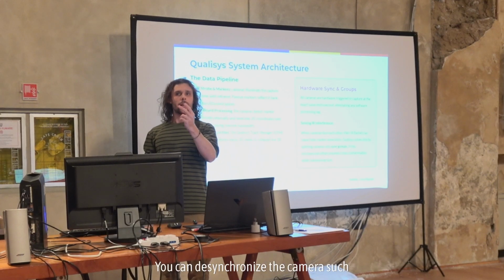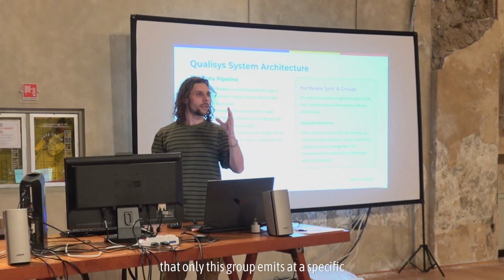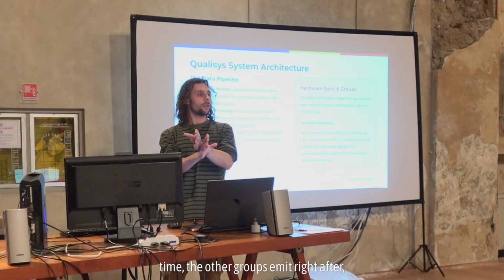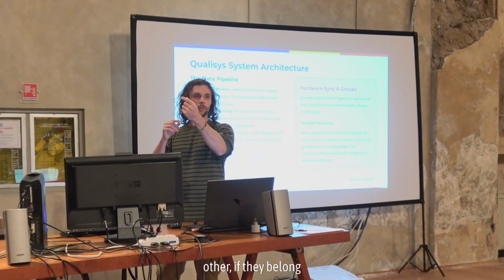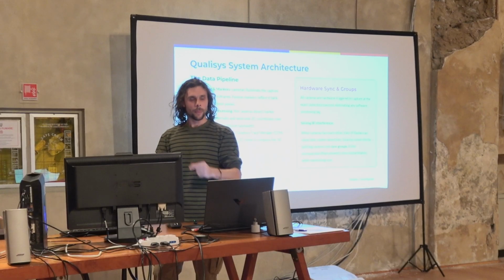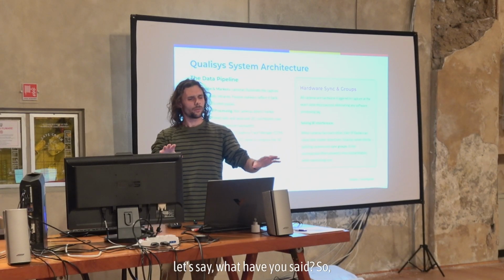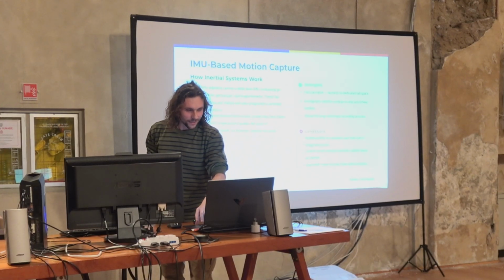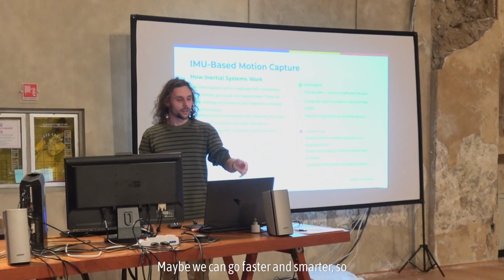You can desynchronize the cameras such that only this group emits at a specific time, and the other groups emit right after, so they don't read each other's emission if they belong to different groups. If it's not clear, I see faces that are, let's say, doubtful. So interrupt me and ask if you have problems. Maybe we can go faster on this part.